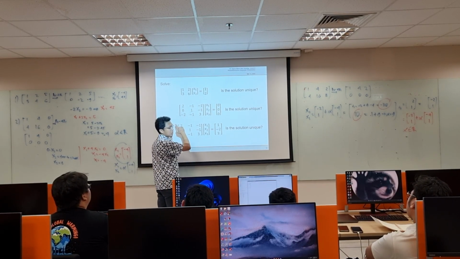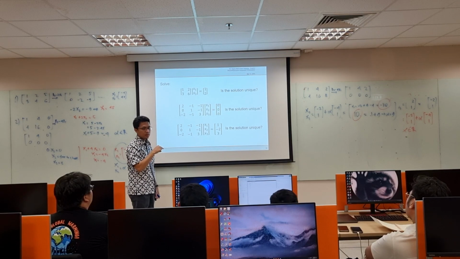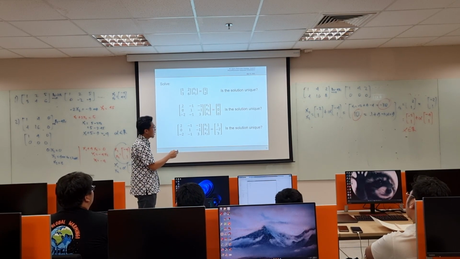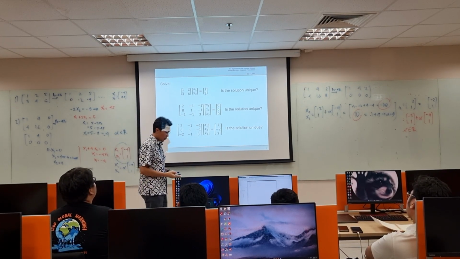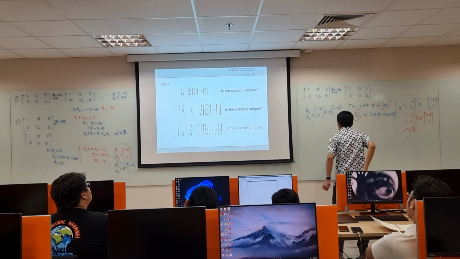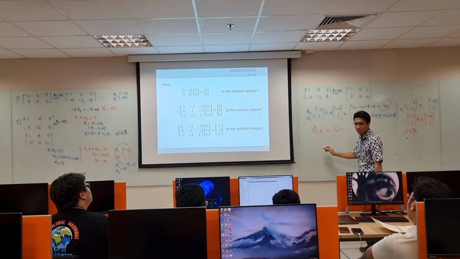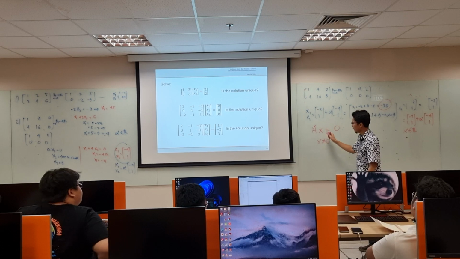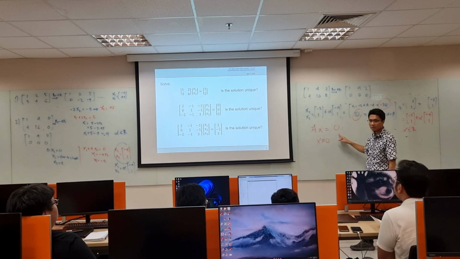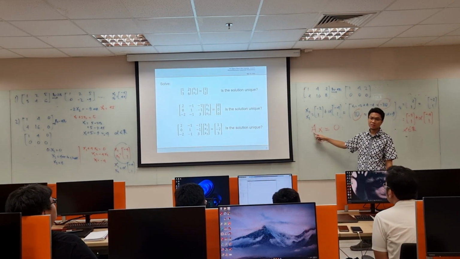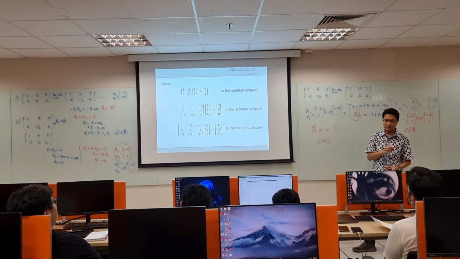You add this, becomes 0. You add this, becomes 0. So the x that satisfies is 1, 1, 1. You put 1 in here, 1 in here, 1 in here, it will satisfy the equation. So what I mean is that if you can find non-zero x which satisfies Ax equal to 0, then it means A is singular. A singular means you will have infinitely many solutions, or more than one solution, if it exists.